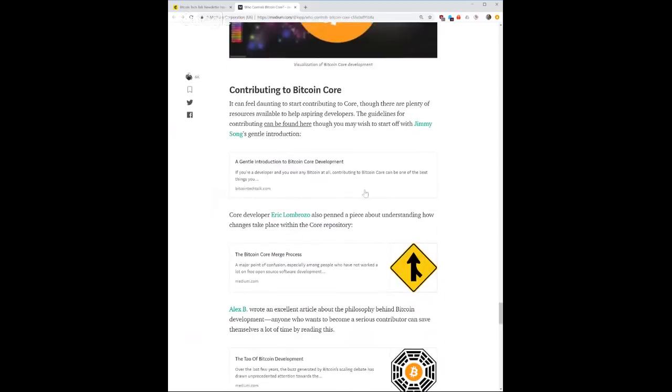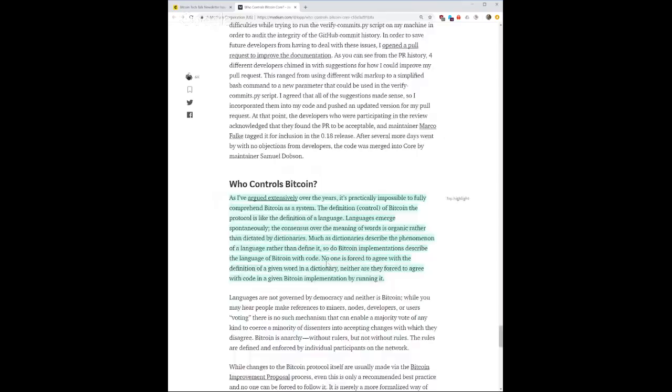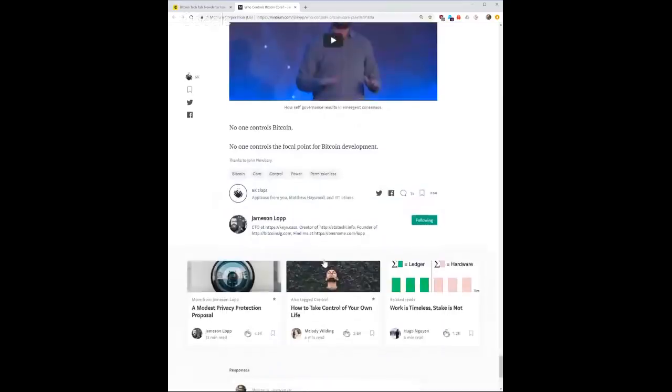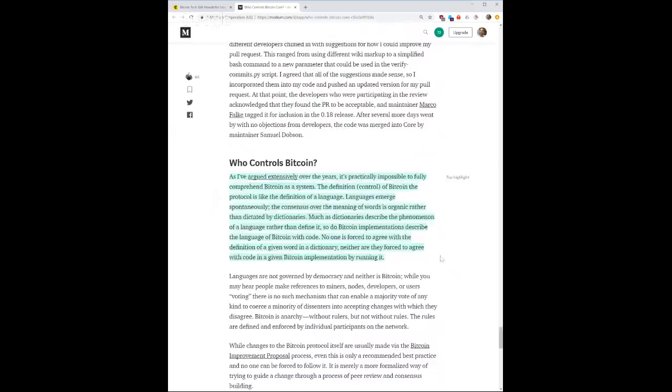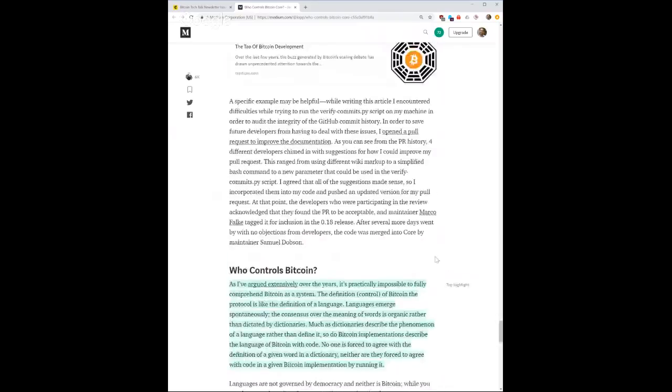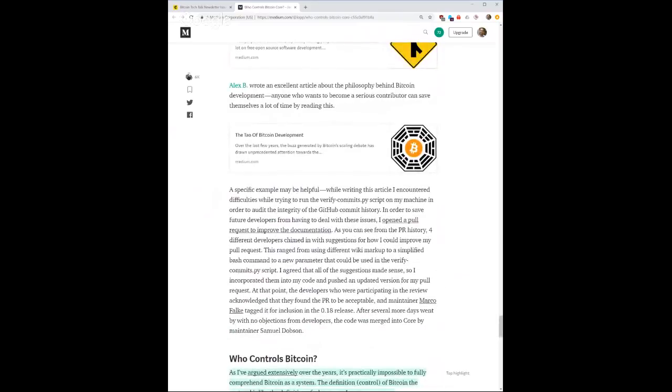He also cites my article in there, A Gentle Introduction to Bitcoin Core Development. Great article. And this is now going to be the article that I'm going to point to whenever everybody else is like, but my coin is decentralized. And I say, no, it's not. And they go, well, Bitcoin is centralized because of Bitcoin Core. This is the article that I'm going to point to.